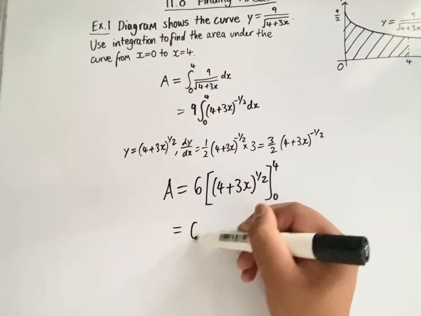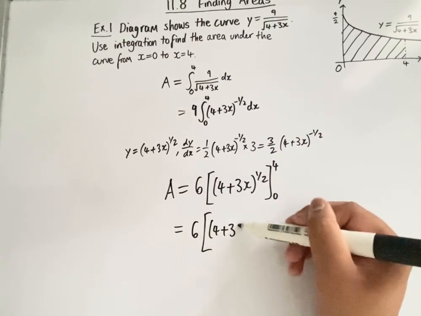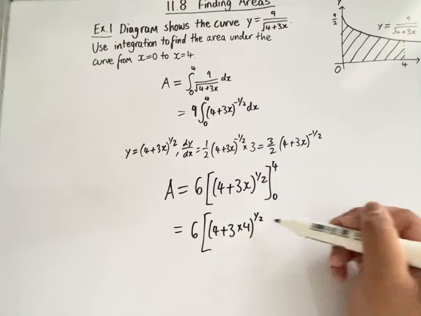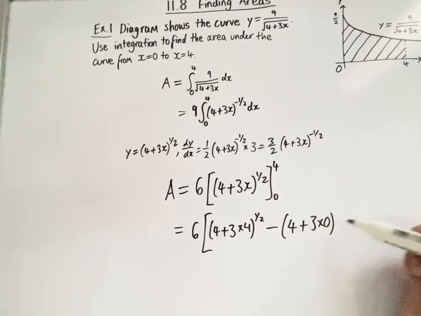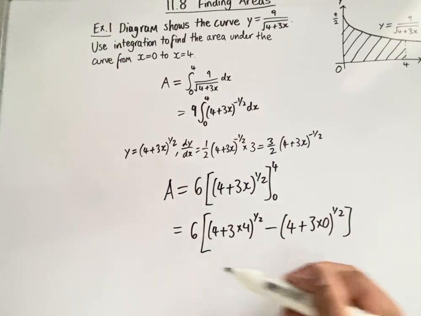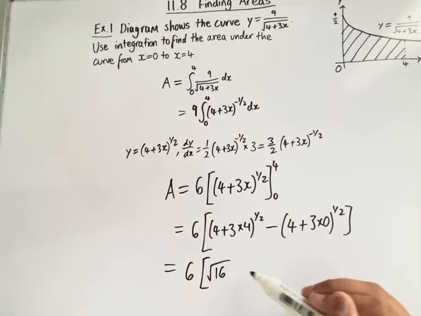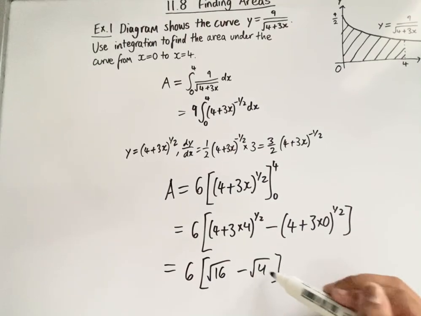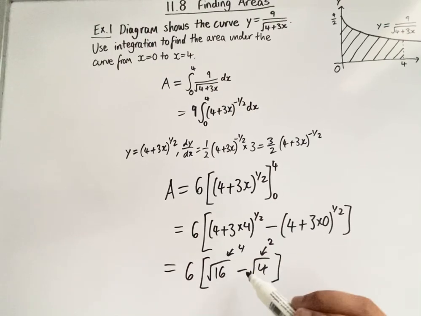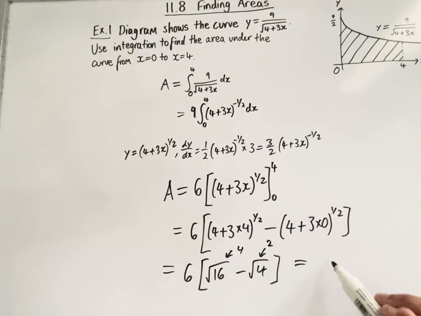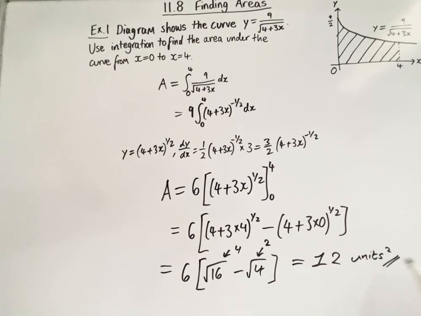And this is going to be equal to 6 lots of (4 plus 3 times 4) to the half minus (4 plus 3 times 0) to the half, which will give you 6 lots of the square root of 16 minus the square root of 4. The square root of 16 is just 4, and the square root of 4 is just 2. 4 minus 2 is 2, multiplied by 6, and that gives you 12 units squared.